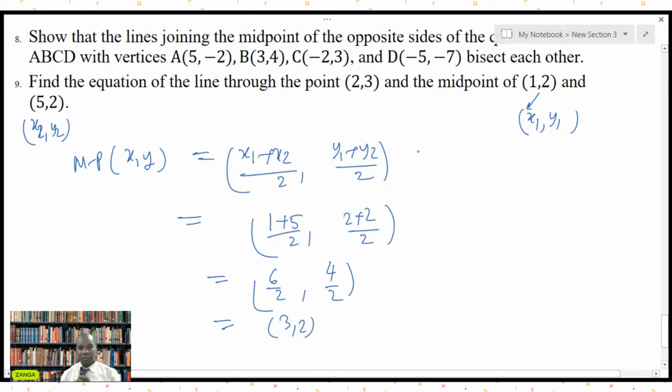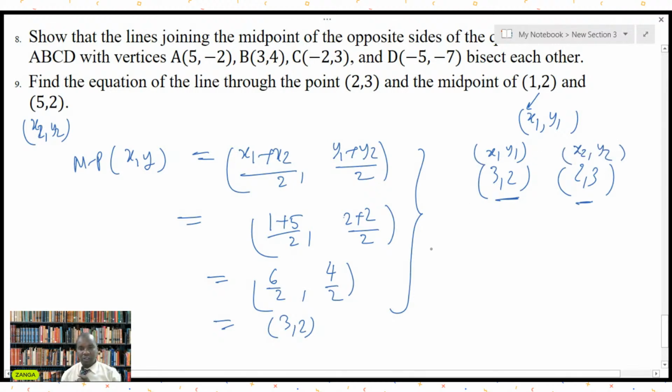And now we have 2 points. We have (3, 2), and also we have (2, 3). So we're supposed to find the equation of the line passing through this point and passing through the other point. We do the same. We assume now this to be x1, y1, and this will be x2, y2.